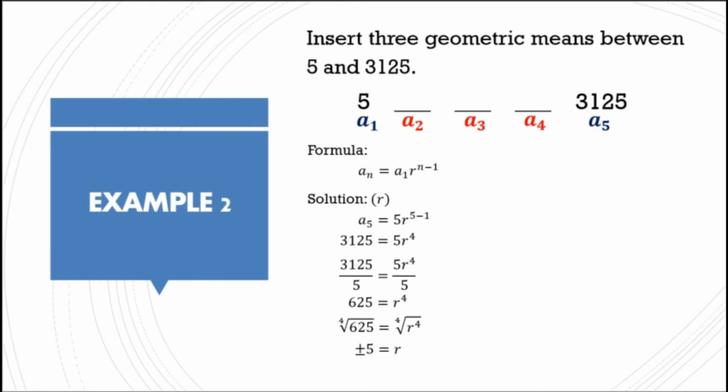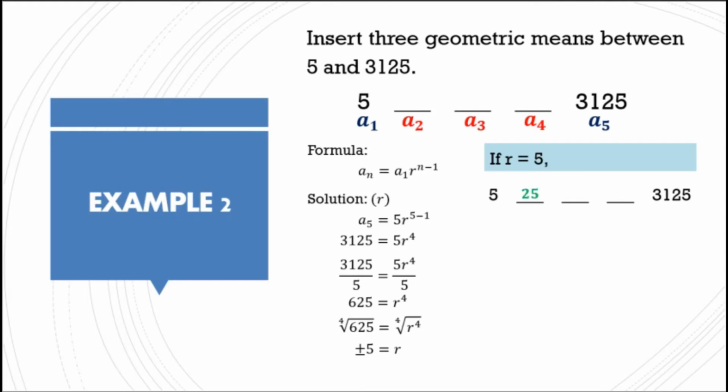This only means we also have two sets of geometric means. If r is positive 5, then to get the next term, we simply multiply r to each preceding term. Here, we have 5 as the first term. Multiplying it by 5 will give us 25.